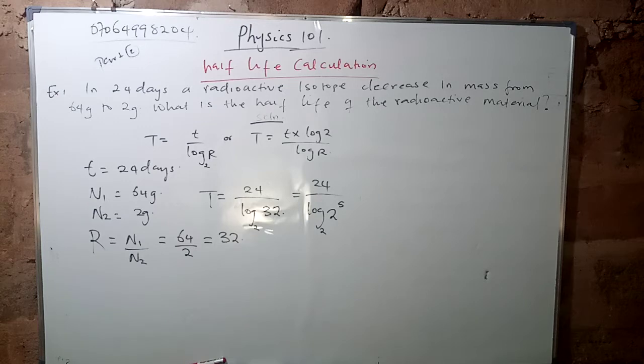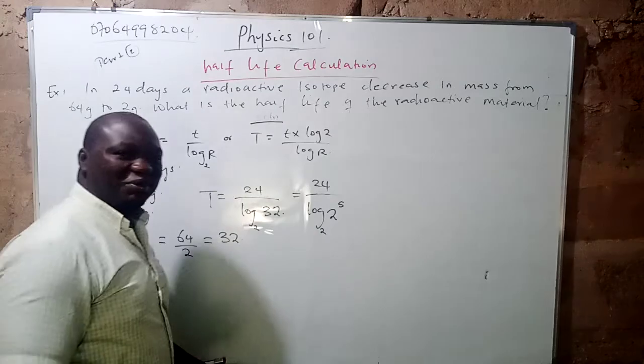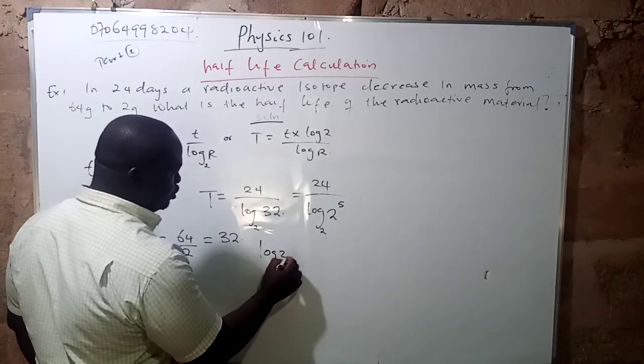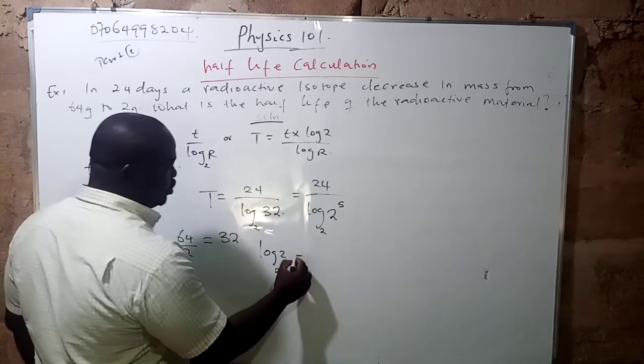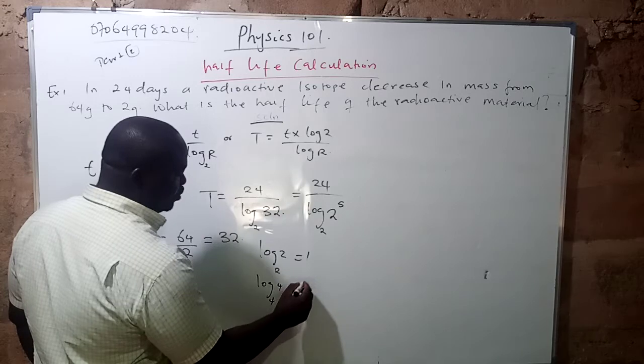Now, the next thing we are going to do is cancel out. Under logarithm, if you have log 2 base 2, it is equal to 1. If you have log 4 base 4, it is equal to 1.